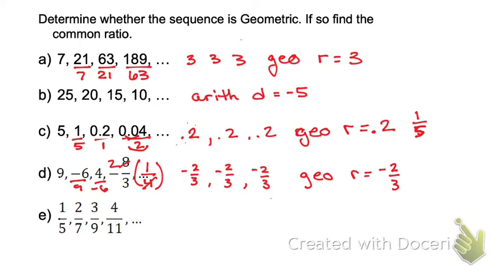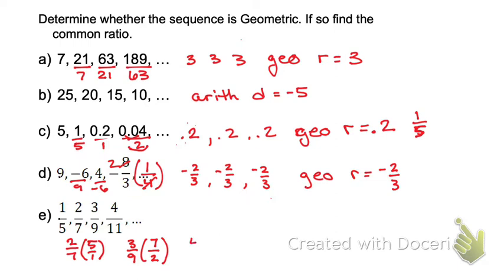You're tempted just to say no because you have a bunch of nasty fractions, right? Okay, so if it is arithmetic, we have to get common denominators, so we're going to hope that it's geometric. Cross our fingers. So 2/7 divided by 1/5 is multiplied by 5/1. And 3/9 divided by 2/7 is multiplied by 7/2. Nope.